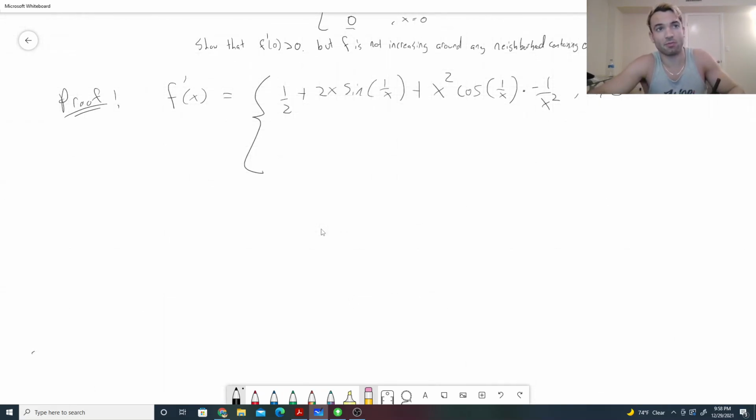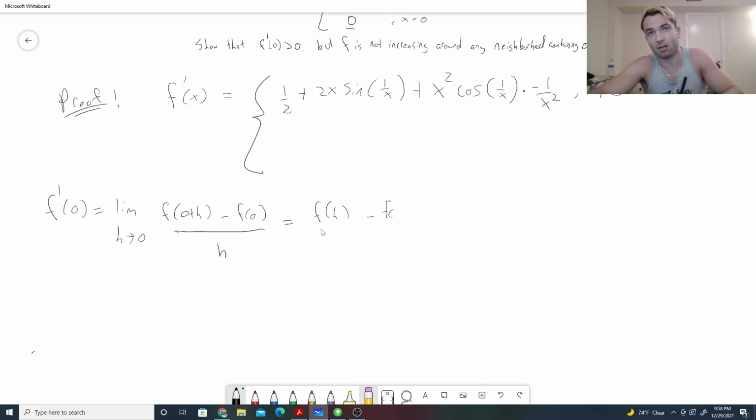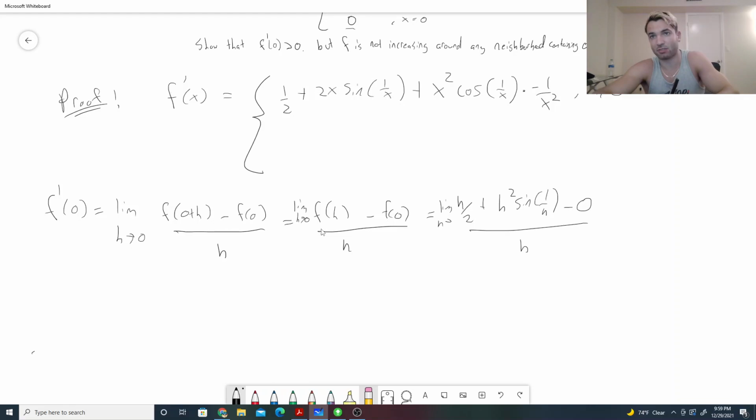The f prime of 0, by definition, if it exists, is equal to the limit as h goes to 0 of f of 0 plus h minus f of 0 all over h, which is the limit as h goes to 0 of f of h minus f of 0 all over h, which is h over 2 plus h squared sine of 1 over h minus 0 all over h.